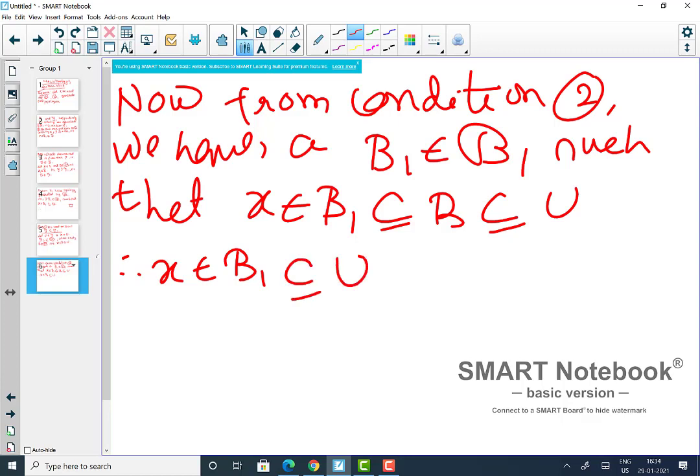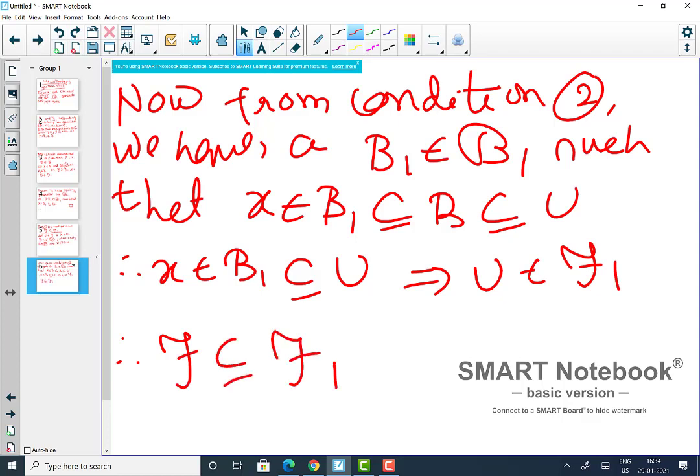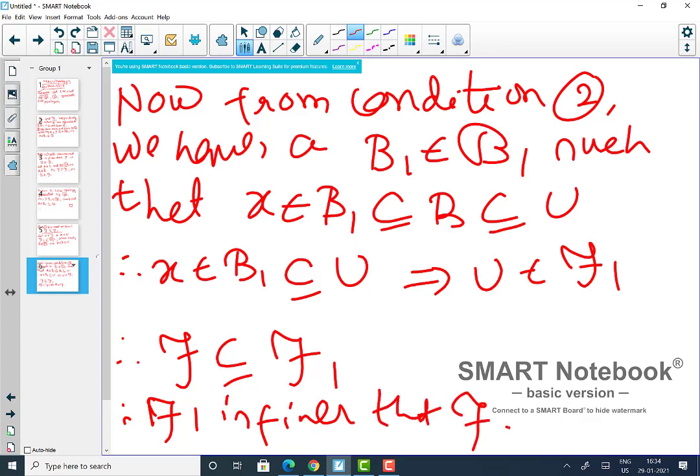And this implies that U is an element of tau 1, and thus tau is a subset of tau 1, right? Because every open set of tau is also an open set in tau 1, and hence tau 1 is finer than tau. Clear?